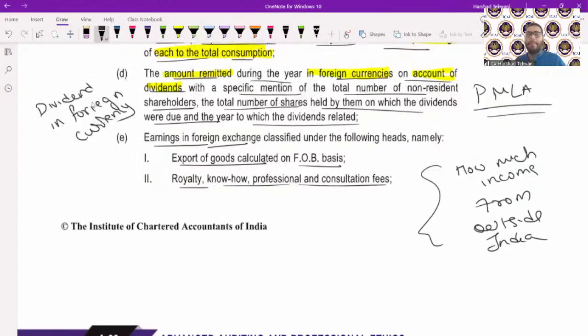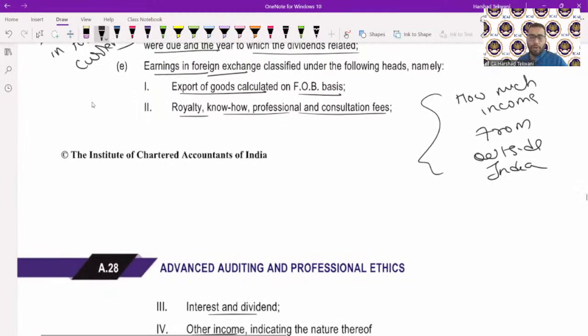This will also help me in understanding my foreign currency exposure. So let's say if the majority of my earning is in foreign currency, then I may be more exposed to currency risk than other companies. So this also helps in understanding currency risk.